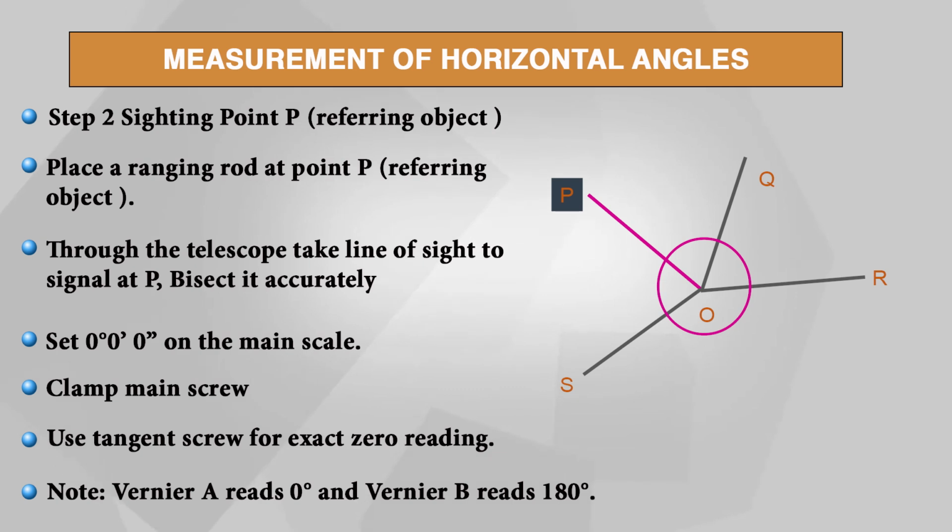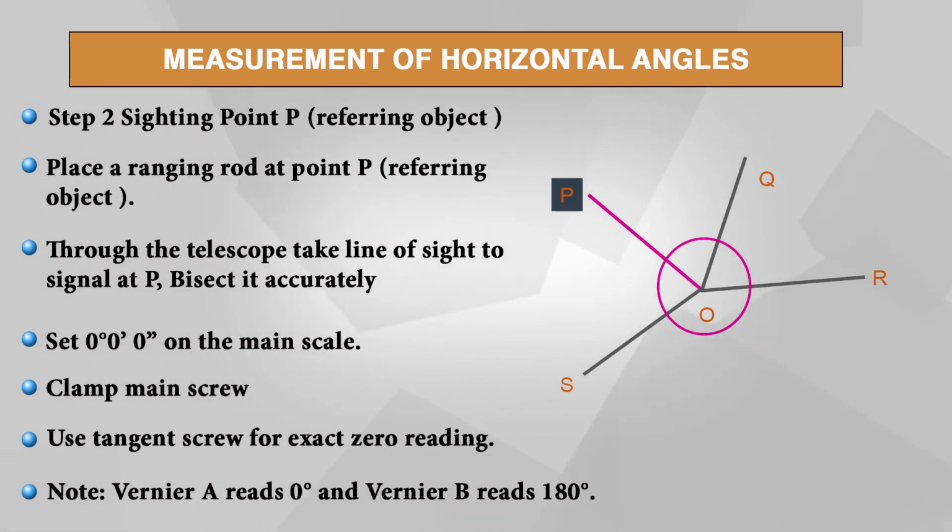Set up the instrument over the station point, say O, and all the temporary adjustments, leveling, focusing, centering are done accurately. Now, direct the telescope to the first point, say in our case it is P, and this will be regarded as the reference object.